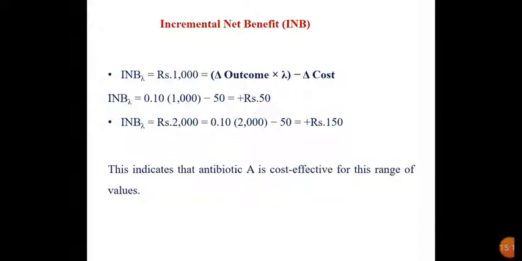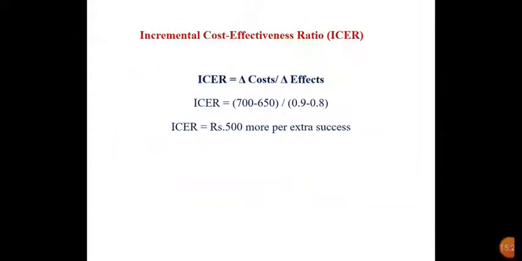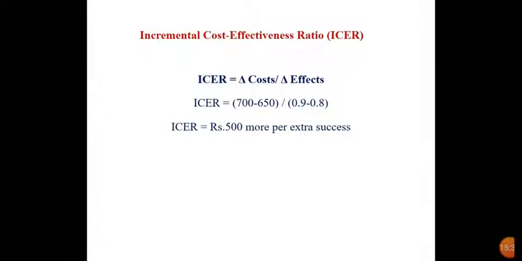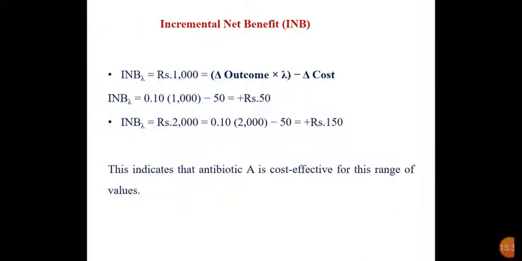When we substitute all the values mentioned in table 1, that is antibiotic A cost and antibiotic B cost, and also the outcomes, we get the value of our incremental net benefit. When we use lambda of 1000 rupees, we got plus rupees 50. Then with lambda equal to rupees 2000, when we substitute all these values, we got plus rupees 150.